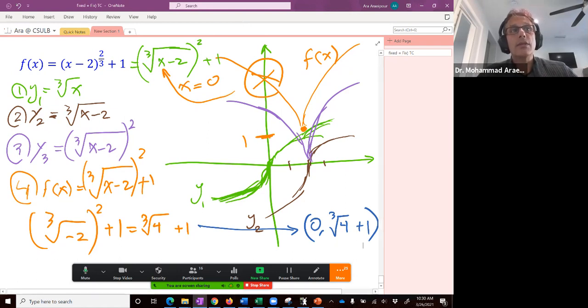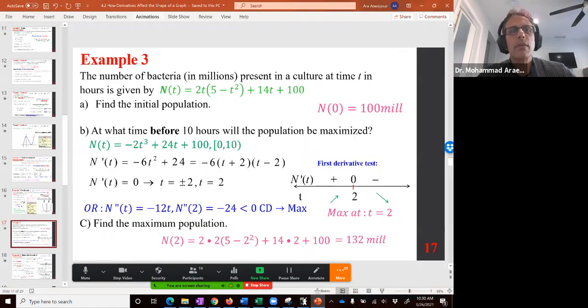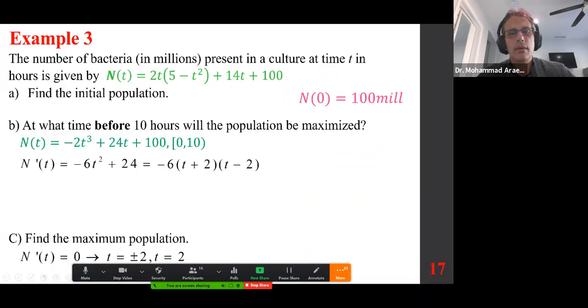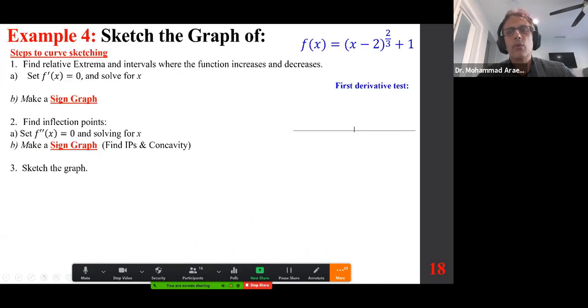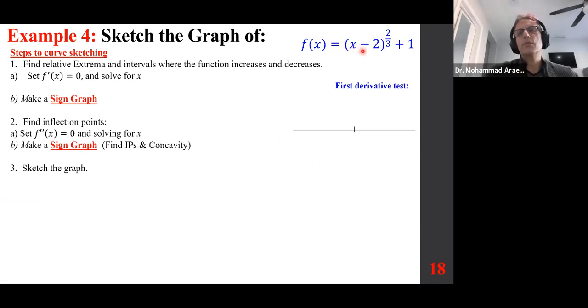So let's do that and see what happens with more information coming from calculus. So we are going to differentiate this, which means 2/3 (x minus 2) to the power of 2/3 minus 1, or negative 1/3, times the derivative of the inside by the chain rule, which is 1.